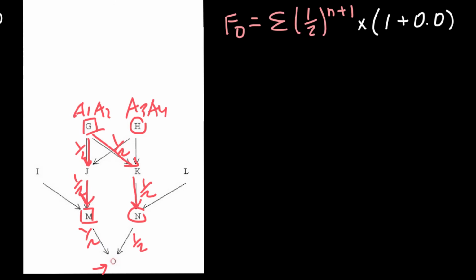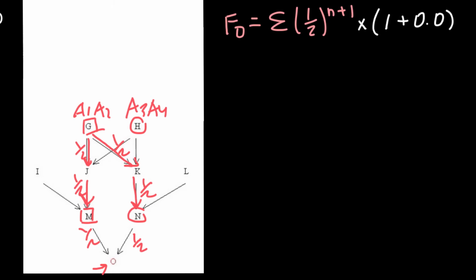But in this case, we have to add 1 to the number of connections between parents and common ancestor. Otherwise, we would have 1/2 to the power of 4. But as you remember, we have found that we have to use 1/2 to the power of 5.